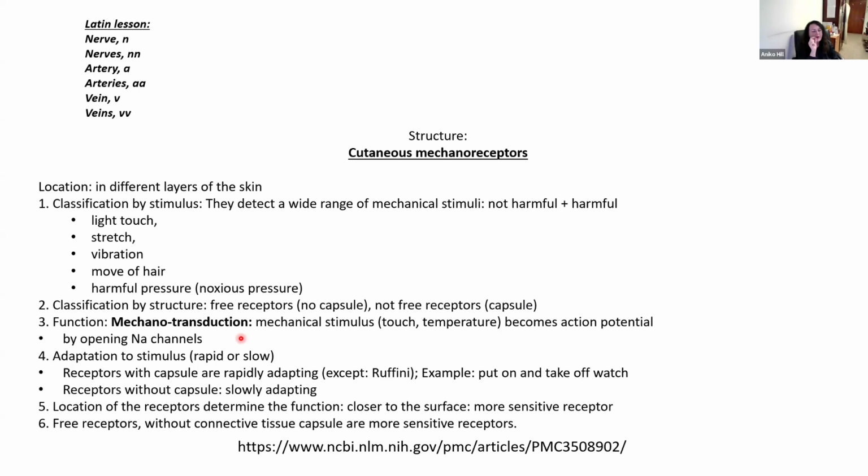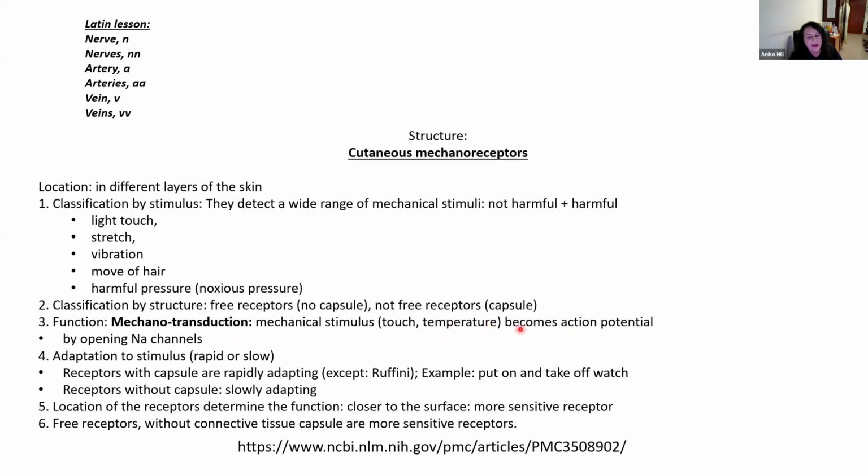The major function of these teeny tiny organs, which are very simple fellows altogether compared to the ear or the eye, is mechanotransduction. What does it mean? That mechanical stimulus, for example, touch or temperature, they sense it and they turn it into action potential.